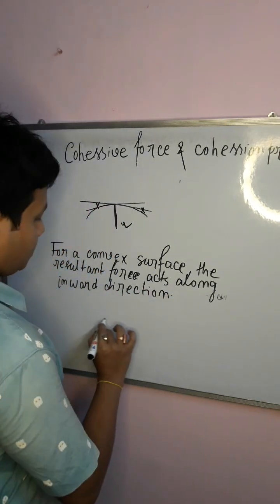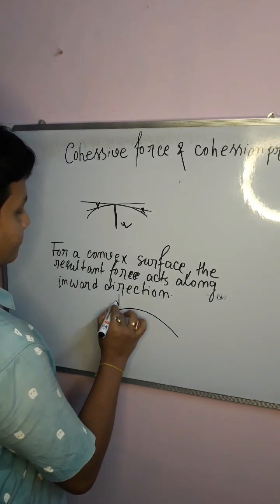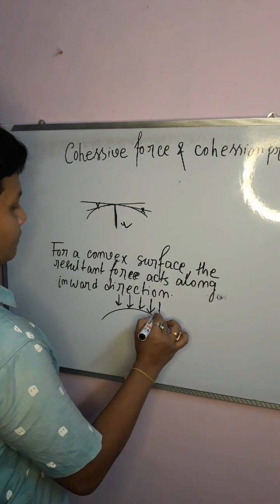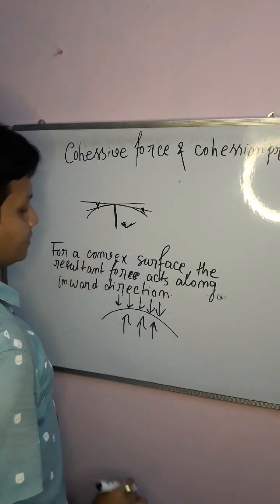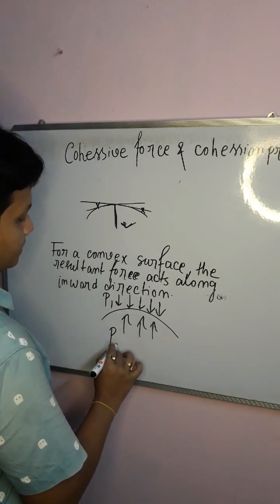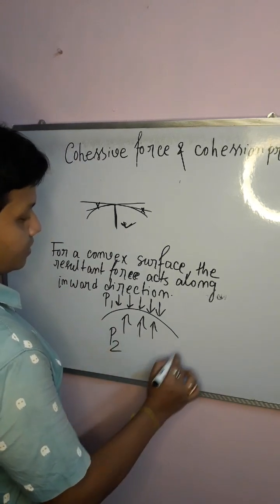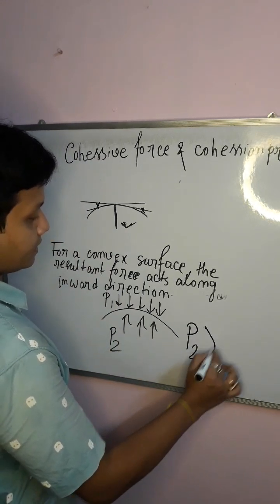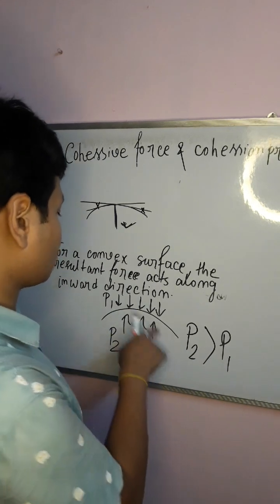Okay, so if this is a convex surface, on this side the force is effective. So if this is P1 and this is say P2, what happens in this case? The pressure on this side is greater than this, and this side is concave.